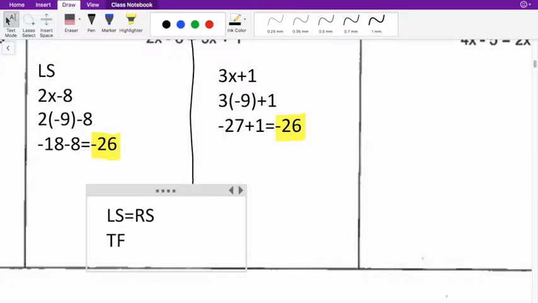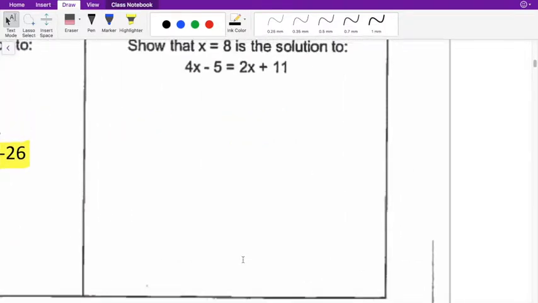Therefore, x equals negative 9. So we know that. So pause the video. When everyone's done, we'll check this out. I'll give you a hint first. Draw that line. Okay, pause it now.